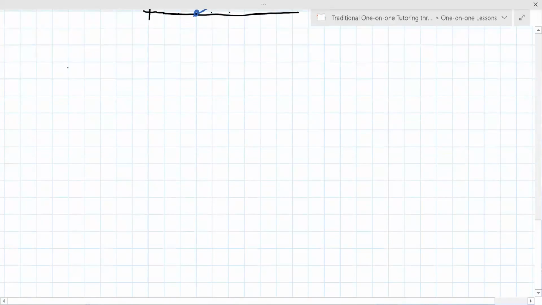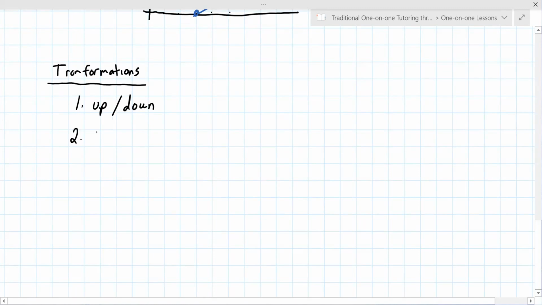All right. So there are a number of transformations. The first 2, the ones we're going to spend the most time talking about tonight, I believe. The first one is up, down, and the second one is left, right.